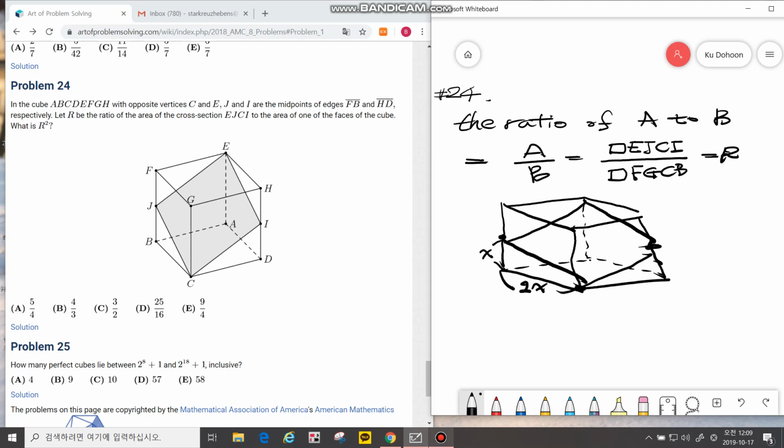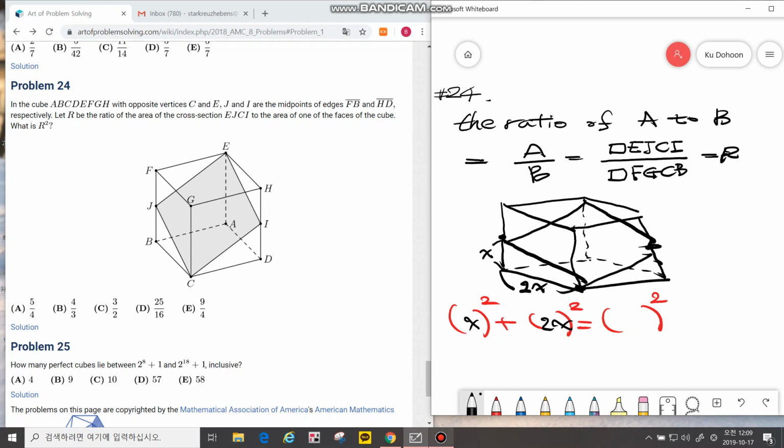Now, by using the Pythagorean theorem, we can get the length of this. So x and 2x: a squared plus b squared is c squared, where a is x and b is 2x, and c is what we want to get.